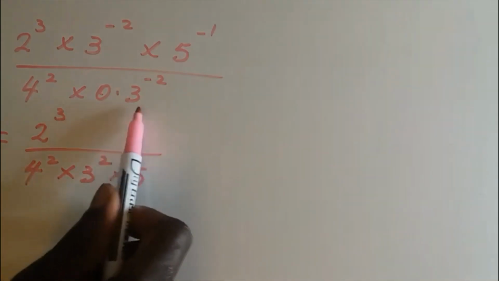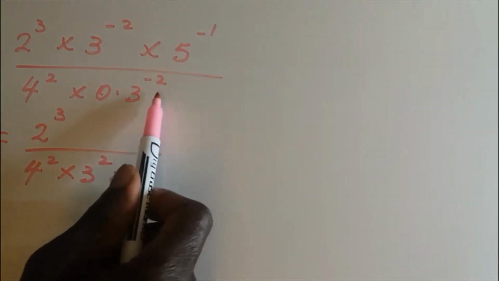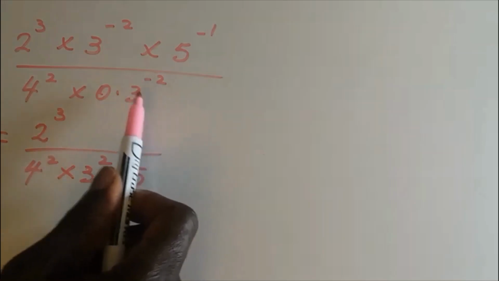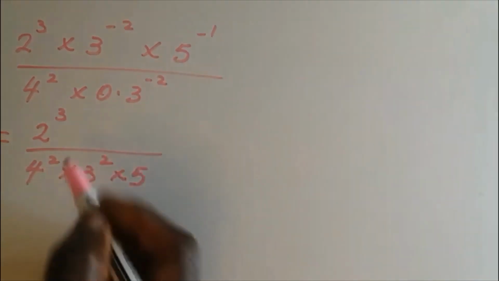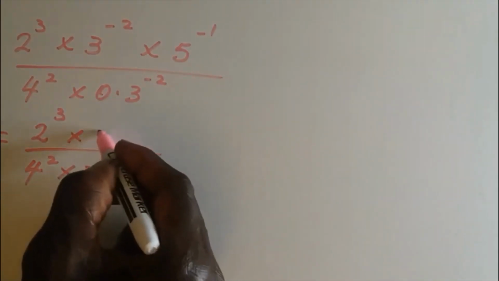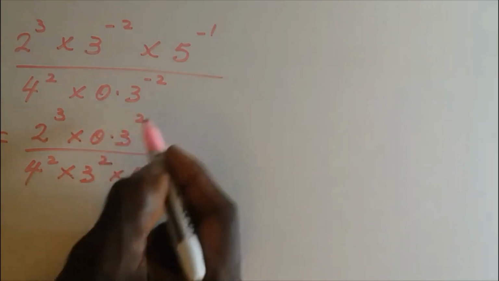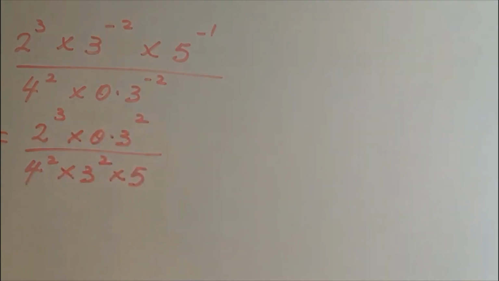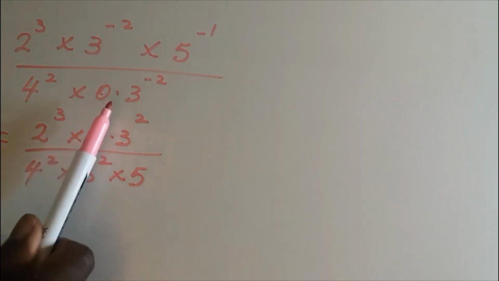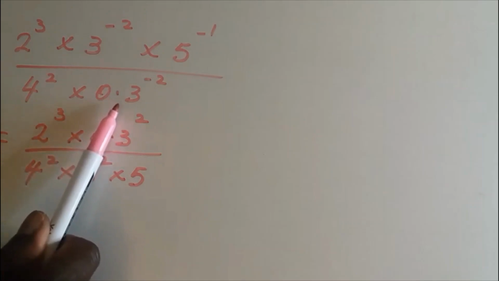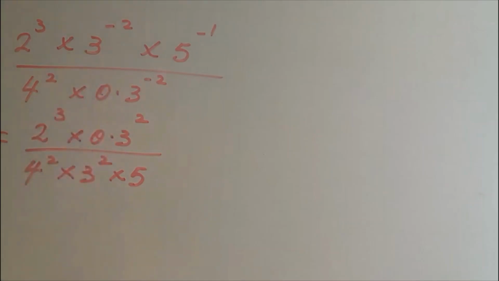And instead of having a negative index in the denominator, we'll move this to the numerator, and it becomes 0.3 squared. So just to recap, we're moving the negative indices into the denominator and they become positive, and if we have any negative indices in the denominator and we move them to the numerator, they become positive.